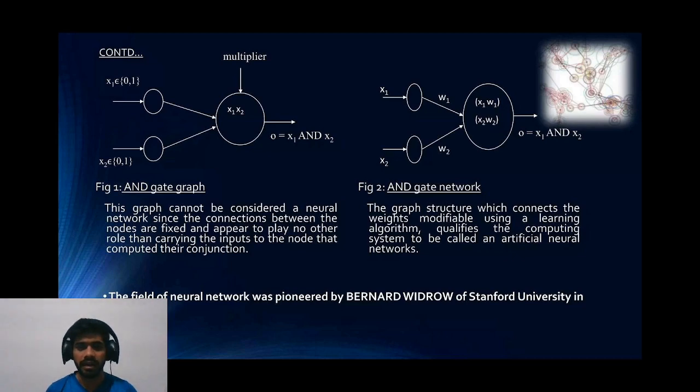In the AND gate network, the graph structure which connects the weights modifiable using a learning algorithm qualifies the computing system to be called an artificial neural network. The field of neural networks was pioneered by Bernard Widrow of Stanford University in the 1950s.